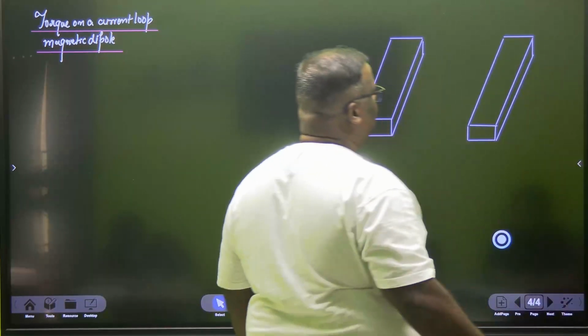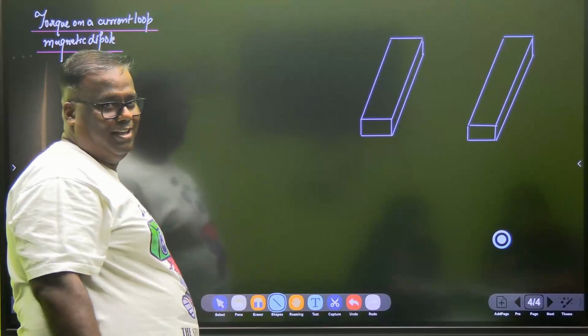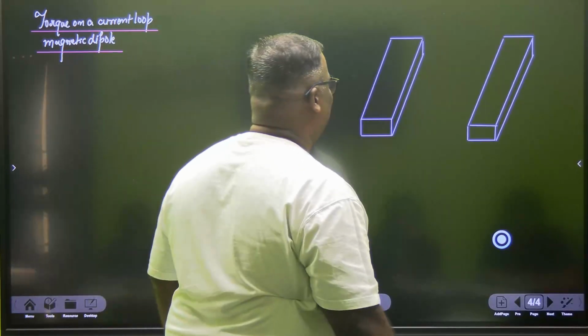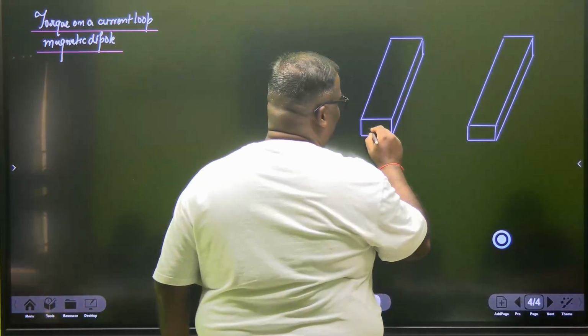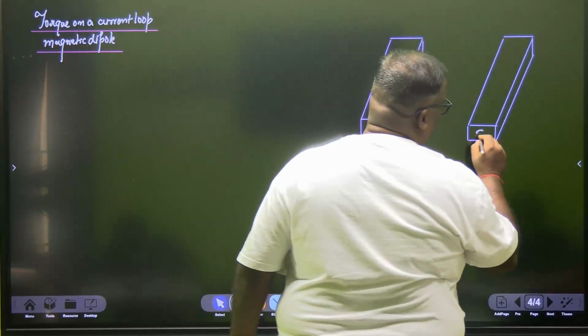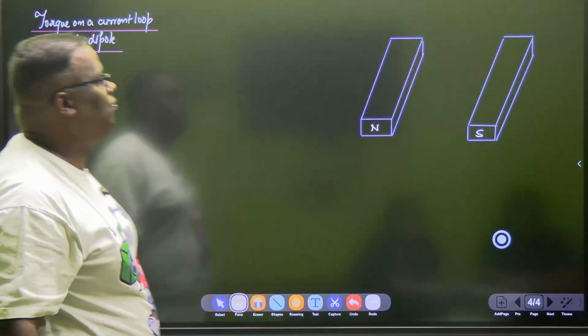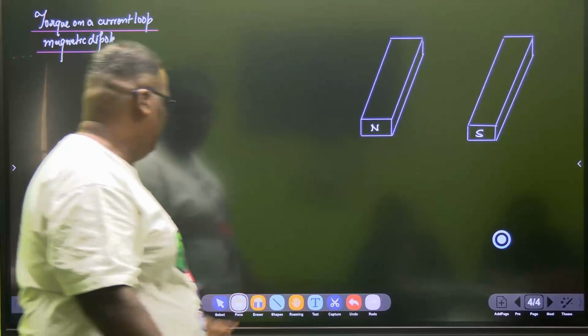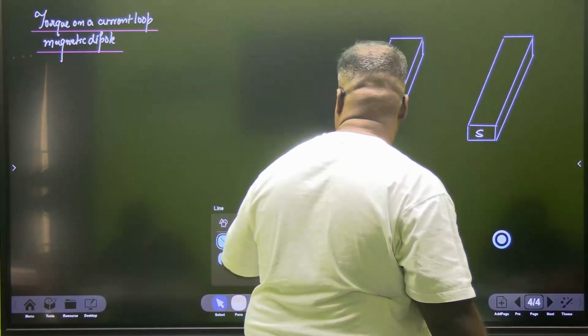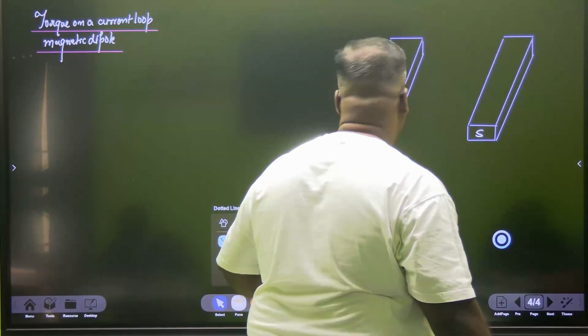This is the north pole of my magnet. South pole. Easy so far? After you have made the north pole and south pole, we will make an axis for our loop.